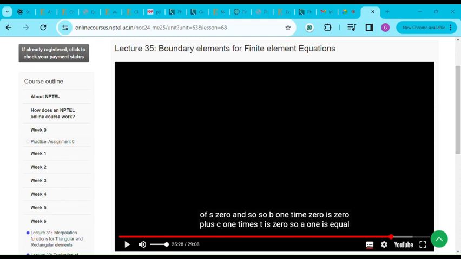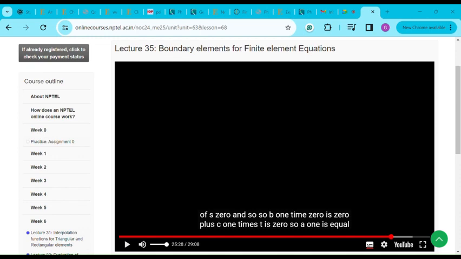On S1 we know that temperature is 0, but we don't know what Q is.